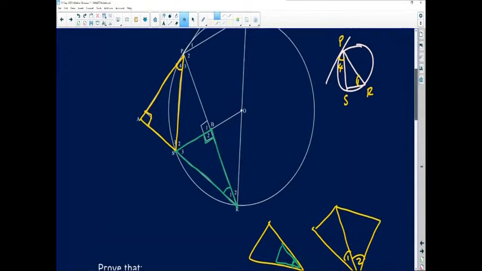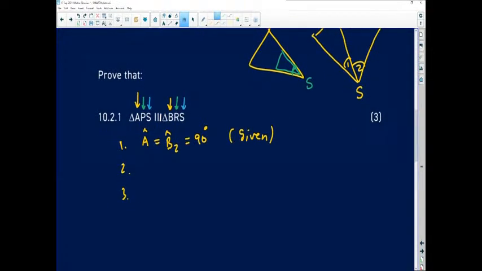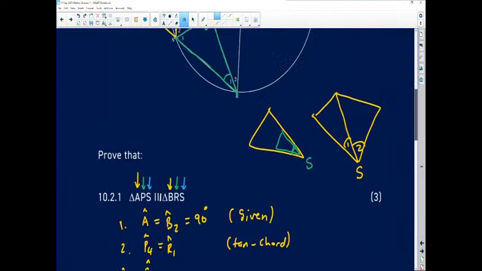So what I'm going to say here is angle P4 equals angle R1, and the relationship is going to be tan-chord. Okay, so angle P4 equals angle R1, and the reason is because of tan-chord. Like we said, we don't have to prove the third one. You can just be nice and say, so the angle S in the first triangle, what are they?